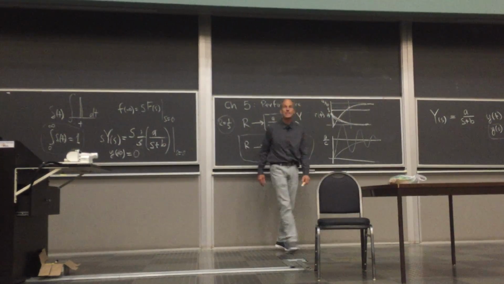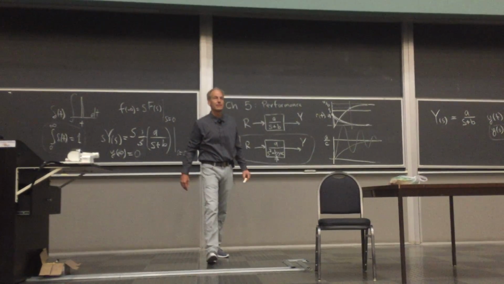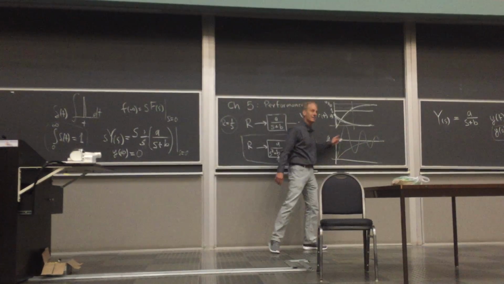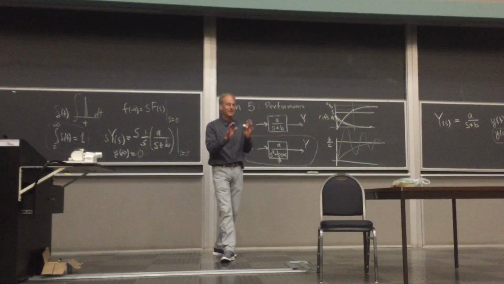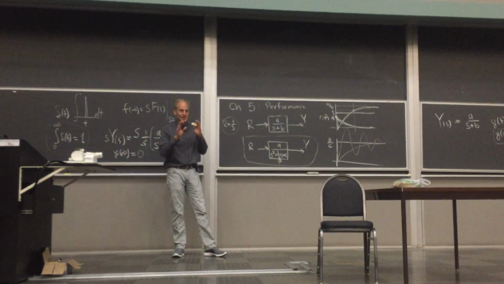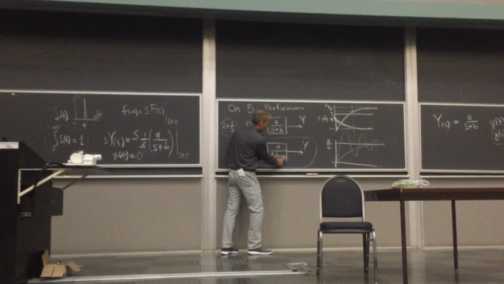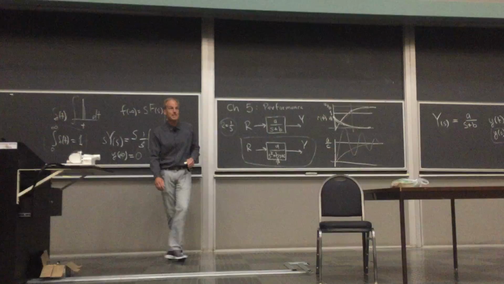What does it do? Yes, sir. You can get both depending on how you value B and C. You can get either one of those. That's correct. So that's really the whole point of, well, not the whole point of chapter 5, but one of the things about chapter 5 is how you predict the response given certain values of B and C.